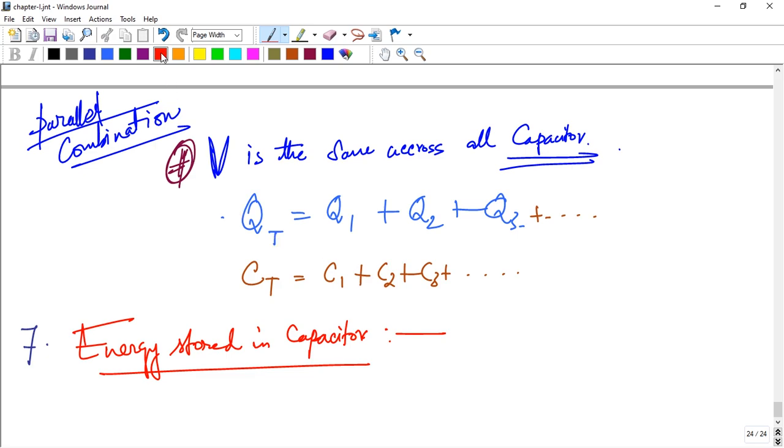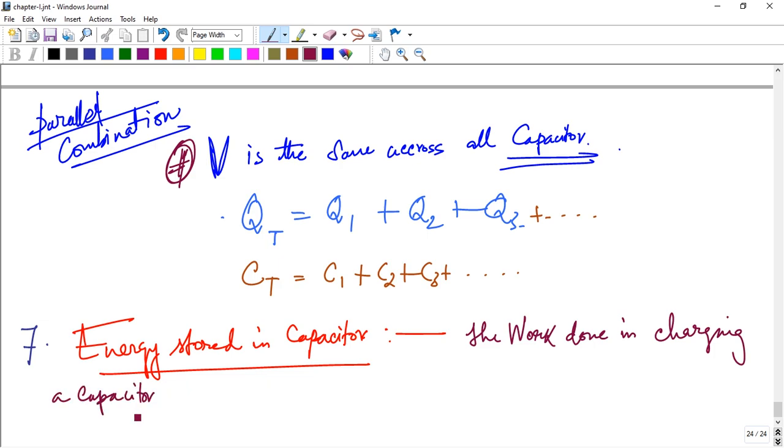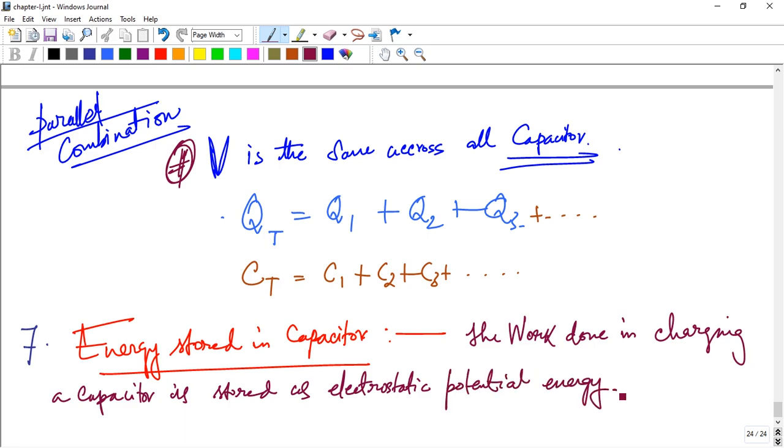That is, the work done in charging a capacitor is stored as electrostatic potential energy. That's the U.